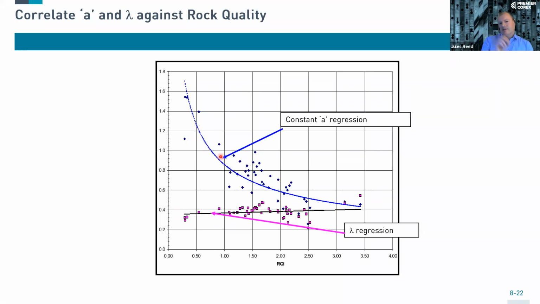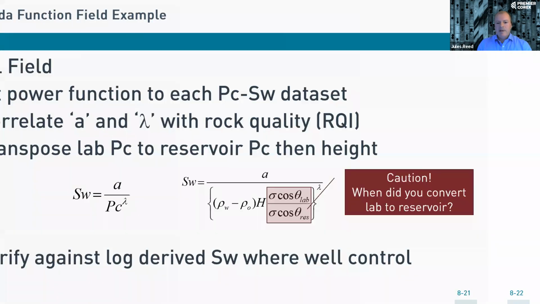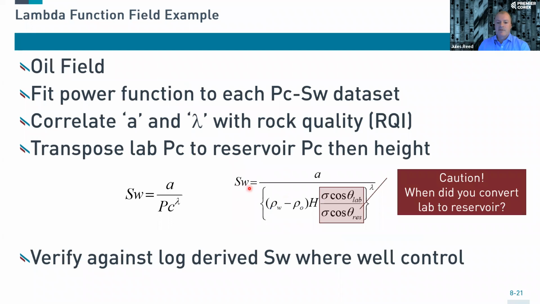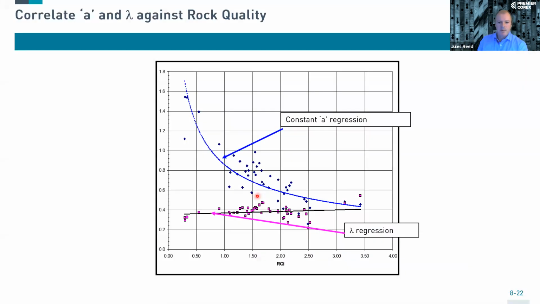Each sample has a known RQI, the reservoir quality index, 0.0314 times the square root of K over phi. We can plot those and get an equation for the curve. Then for any RQI, I can now, from that equation, have an A and a lambda, which can be input into this to give me a saturation at that height if I know porosity and permeability.